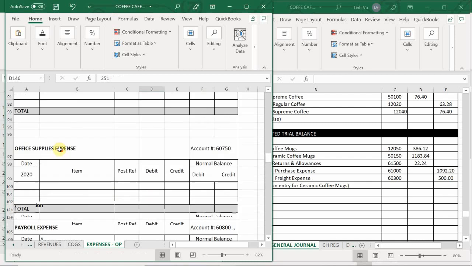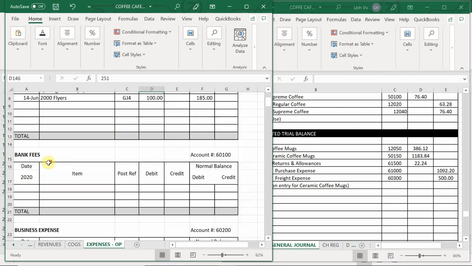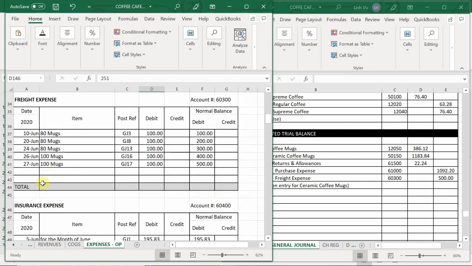And then last but not least, we have our freight expense. So freight. It's supposed to be the same. Conversion entry. All right. In this case, we're crediting $500.